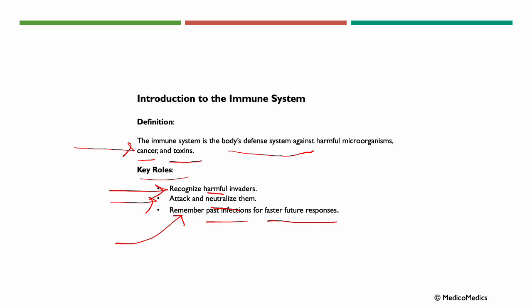So the immune system is a highly trained security team that guards our body. It looks for threats, it neutralizes them, but it also keeps a record of it so it can respond even faster if the same threat shows up again.